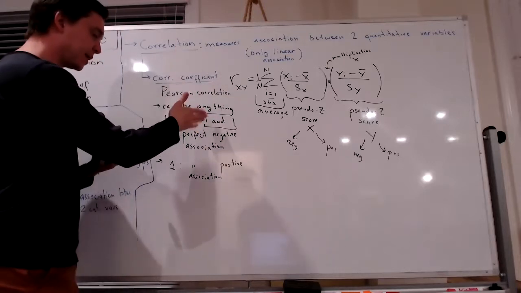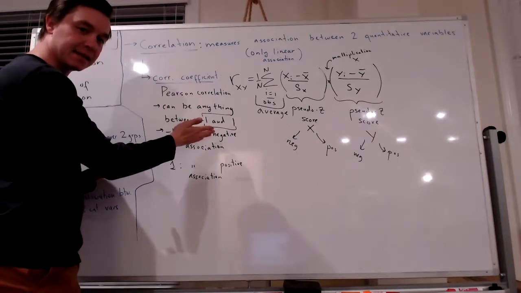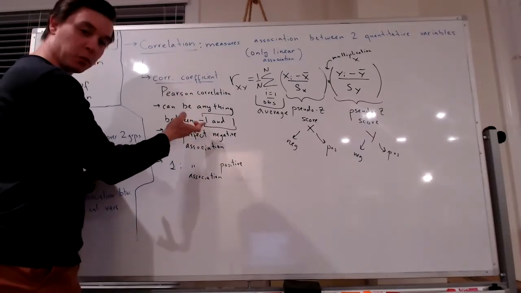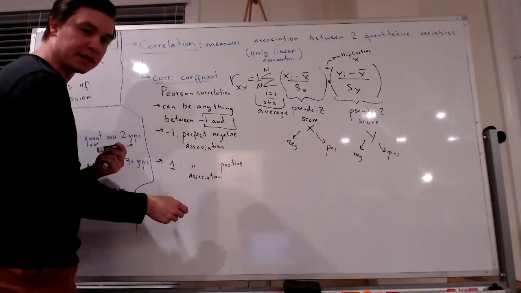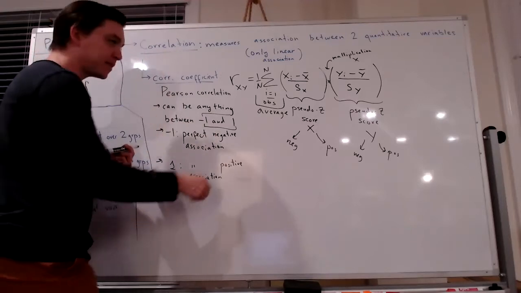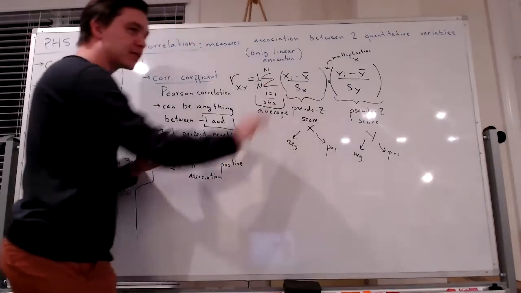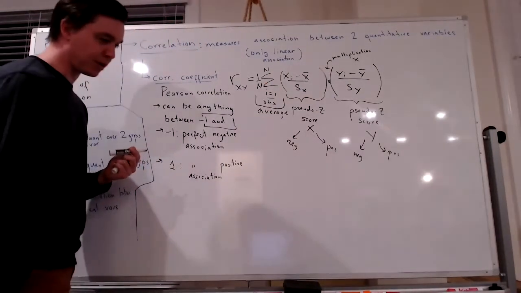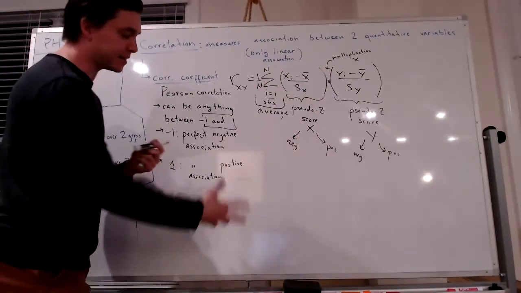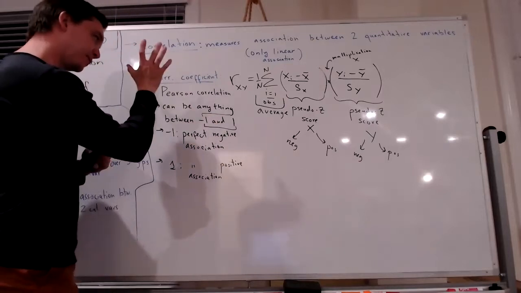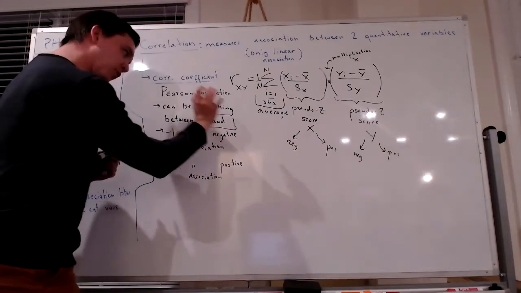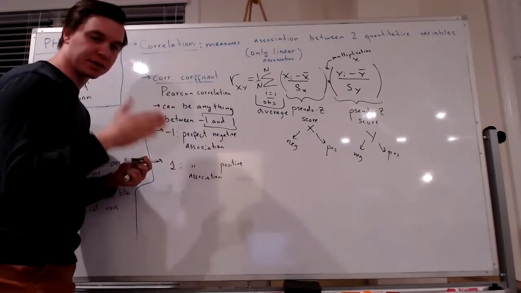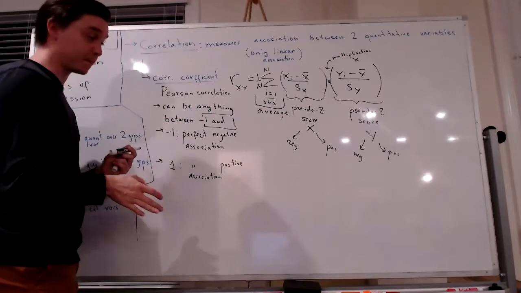If I tell you the correlation is -0.8, we're almost at -1. If I tell you the correlation is 0.001, you don't have to ask me what we're measuring, like what units are we using? Are they microns or light years? It doesn't matter because the beauty of the correlation is that we're always bounded between -1 and 1. So you always know how large is large, how small is small.